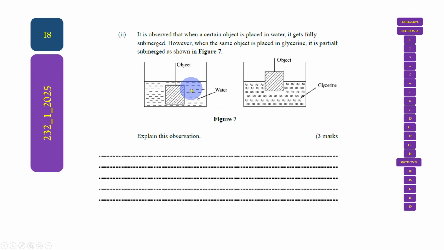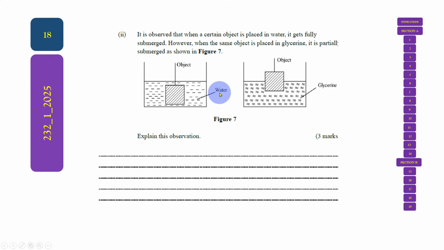Here, it is completely immersed. Here, it is partially immersed. So the volume of the water displaced is more than the volume of the glycerin displaced. So there we cannot compare the two because the two volumes are different.